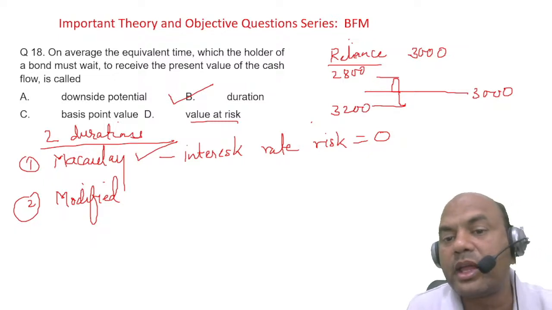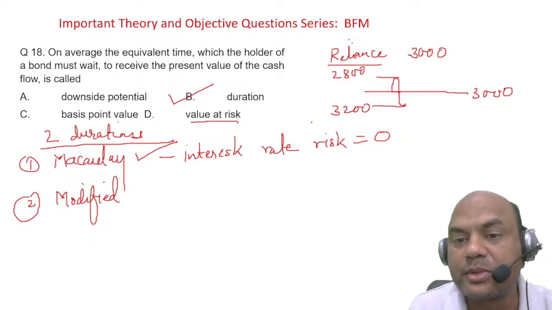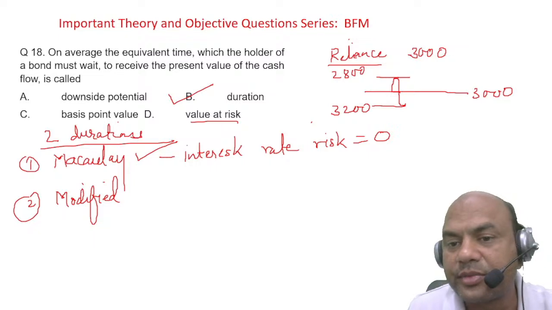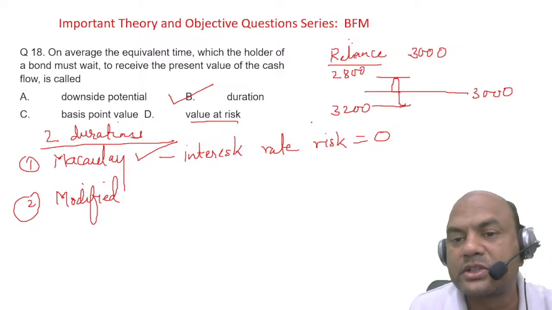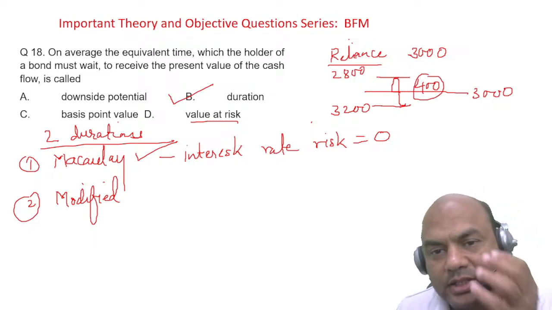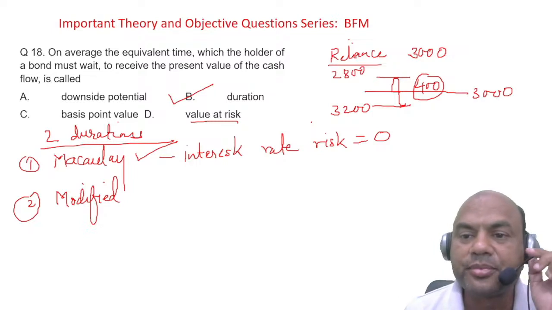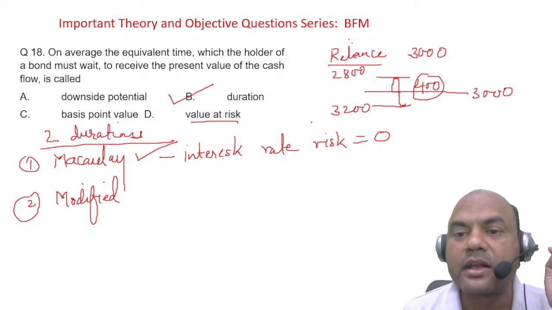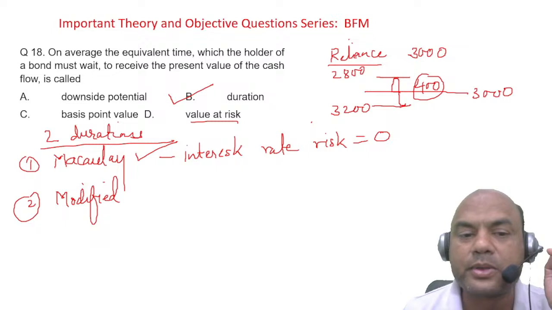So what is my VAR, that value at risk? Value at risk means whatever is a fluctuation. This complete fluctuation is known as my VAR, 400. So even though I have invested 3000 rupees in the Reliance share, it doesn't mean my entire 3000 amount is at risk. Only 400 rupees is at risk. So this is known as VAR.